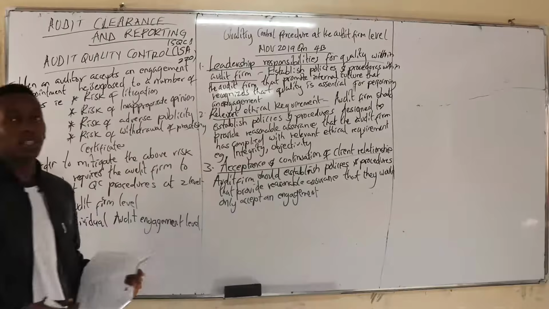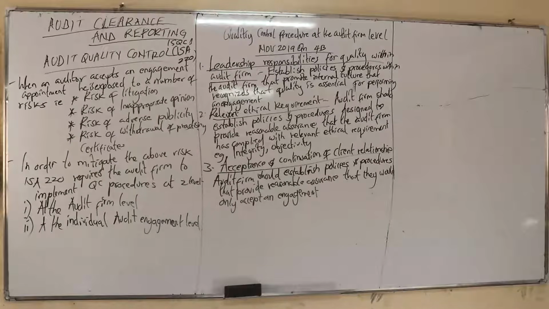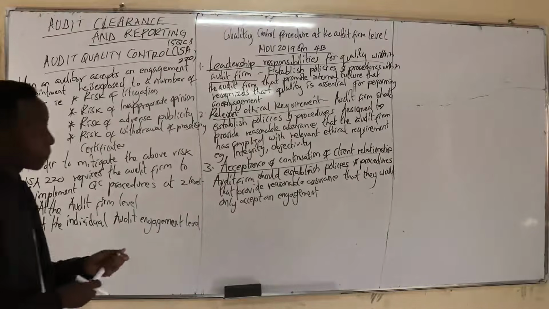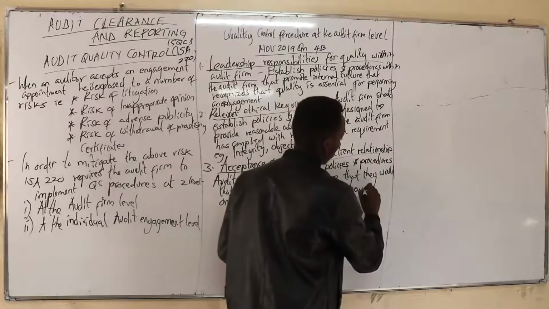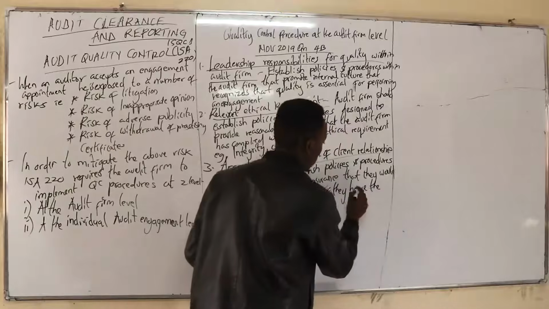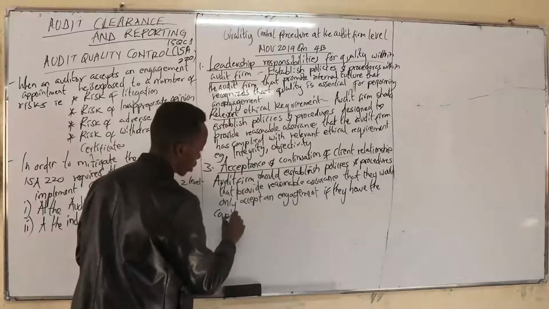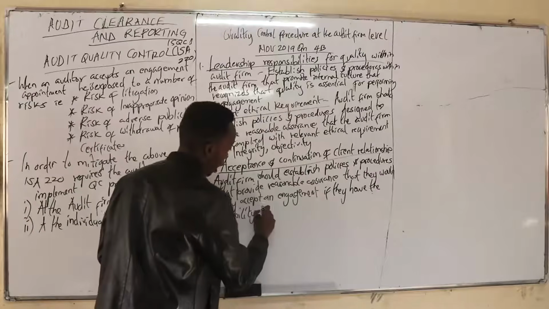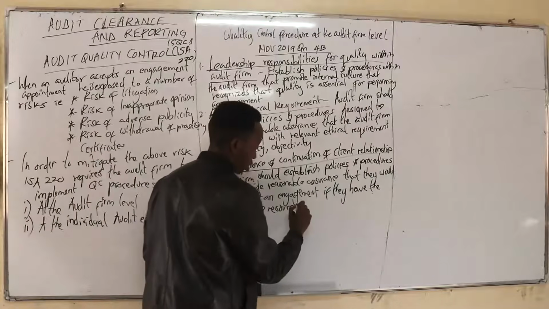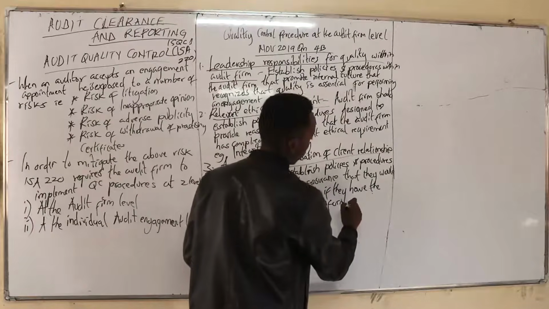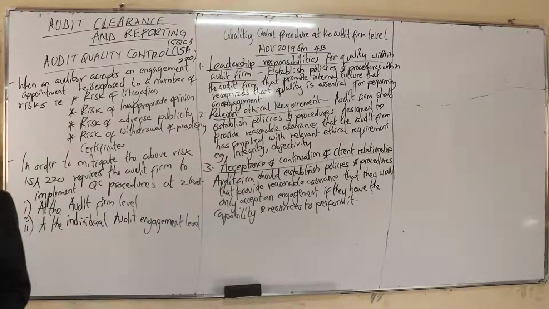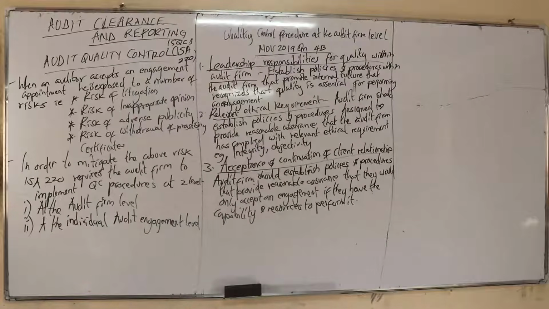They will only accept an engagement if they have the capability and also the resources to perform the engagement. So that is on the basis of the client acceptance, and the acceptance and continuance of a client's relationship.